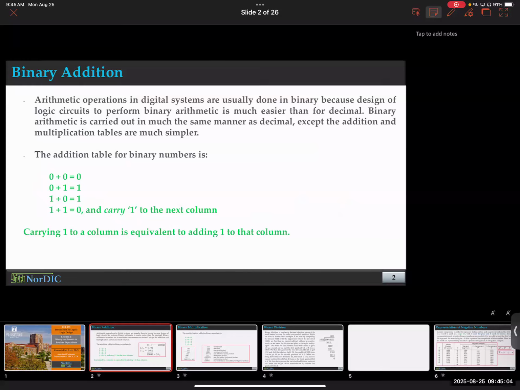Binary addition can generate carry, and that carry can take more bits than your original input bits. Your inputs were both 1-bit numbers, but your sum requires 2 bits now. Output, sum, and carry, right? So this simple concept will have to be accounted for in hardware design.